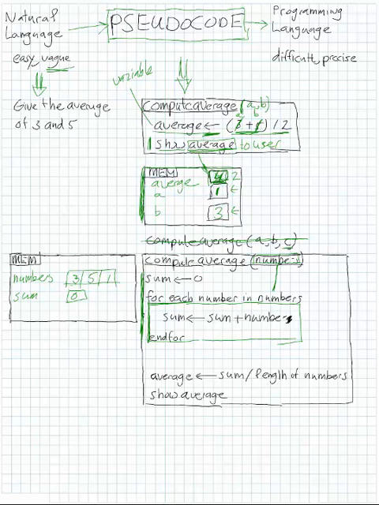And so what I mean with for each number in numbers, is that I want to execute anything that is between for each and end for each and use the next number in numbers and put it in our variable number. So actually number, you could think of it as also a variable.